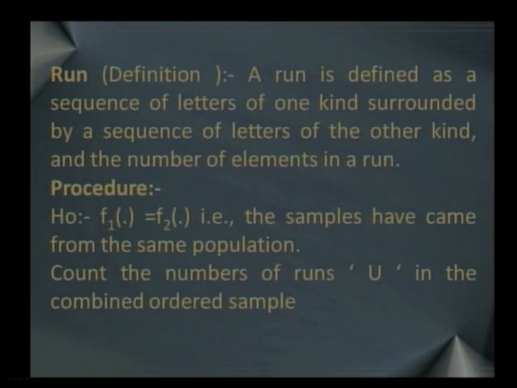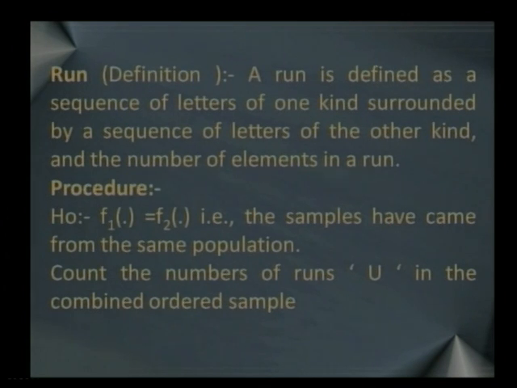Next comes the test. How do we define a run? A run is defined as a sequence of letters of one kind surrounded by a sequence of letters of the other kind, and the number of elements constitutes the run. If the data is like x1, x2, y1, y2, then x1, x2 is the first run and y1, y2 is the second run.